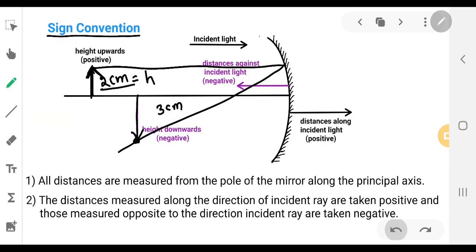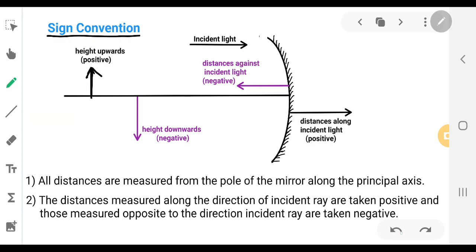So if the objects or images are above the principal axis, it is taken as positive. Below the principal axis, it is taken as negative. So here is the sign convention. Heights upward positive, heights downward negative. Distances against the incident ray are negative. Distances along the incident ray are positive.